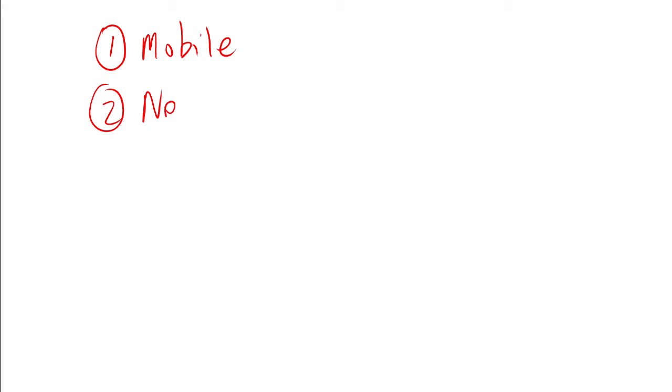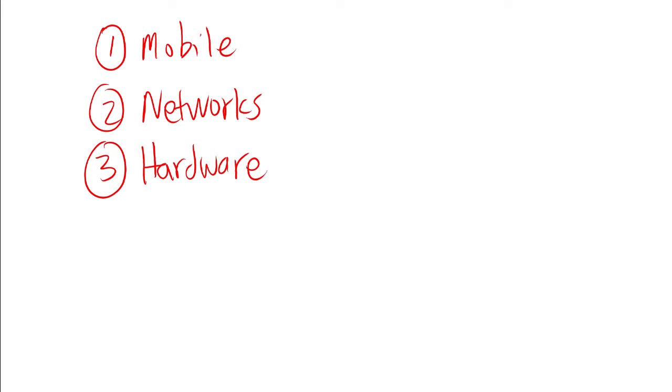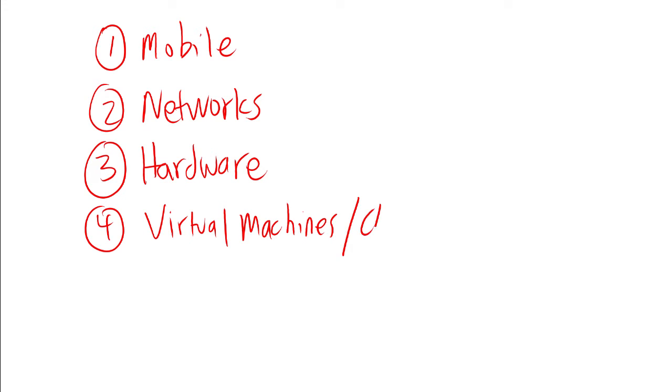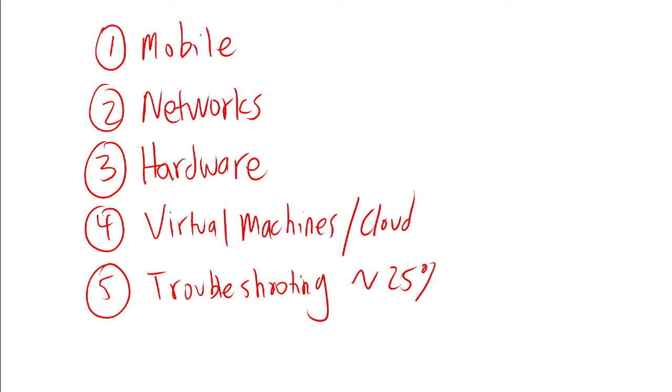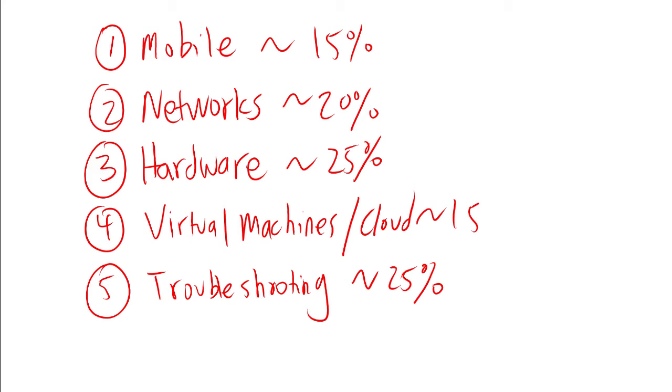Anyway, so we're going to cover the following topics now: mobile, networks, hardware, virtual machines, and cloud, and then troubleshooting. So this is about 25% of the course, and about 25%, about 20%, about 15, about 15.